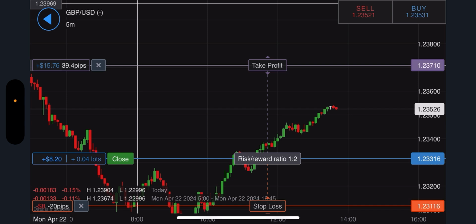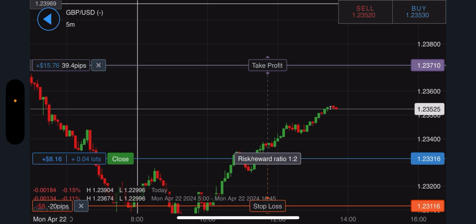Which in the middle of the screen, it says risk-reward ratio is 1-2. So we're actually risking $8 in the hopes of making $16.